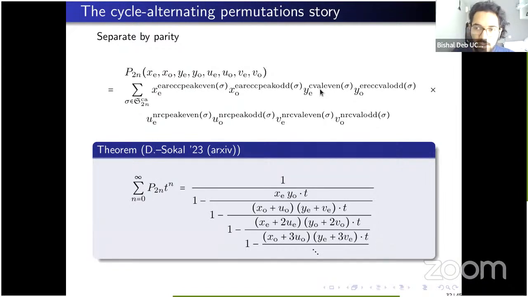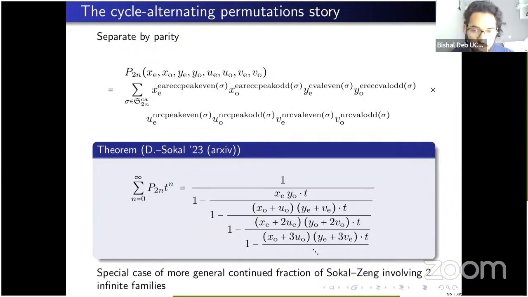So this was actually a small observation on a more general result of Sokal and Zheng. Their most general result for cycle alternating permutations involves two infinite families of variables, but they had not noticed this when they were working on this paper. And this came out on the arXiv a few weeks ago.